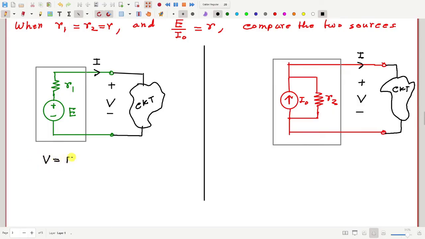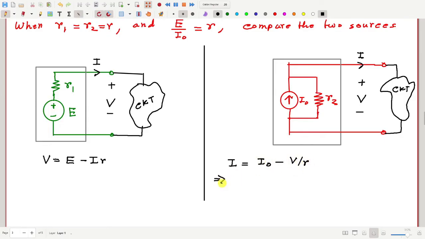V equals E minus IR. Excellent. And what is the relation between V and I for the current source? I is equal to I naught minus V by R.